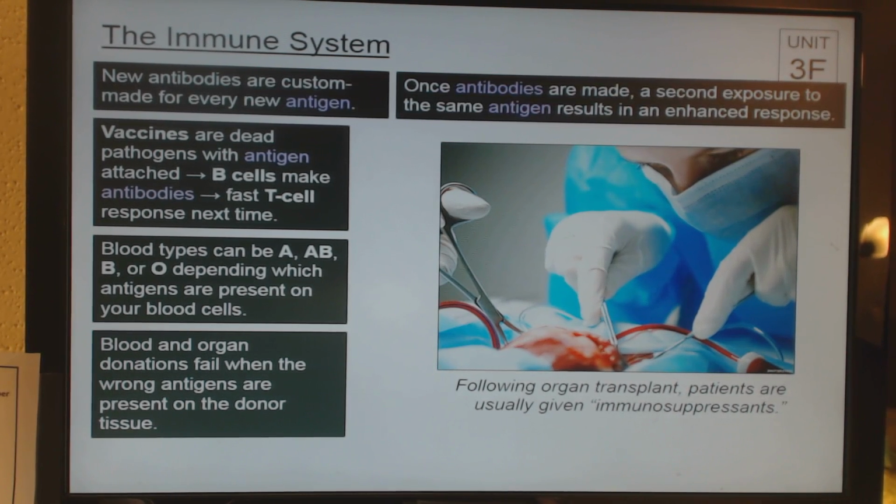They generate antibodies against them, and they kill them. You might hear on Grey's Anatomy or something that their immune system is rejecting the transplant, and that's because the immune cells are killing the transplant, and that's why you have to have a very specific match.